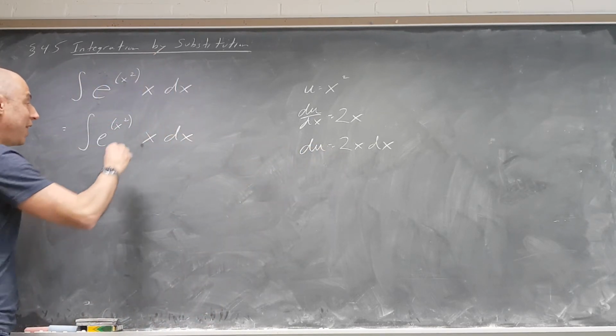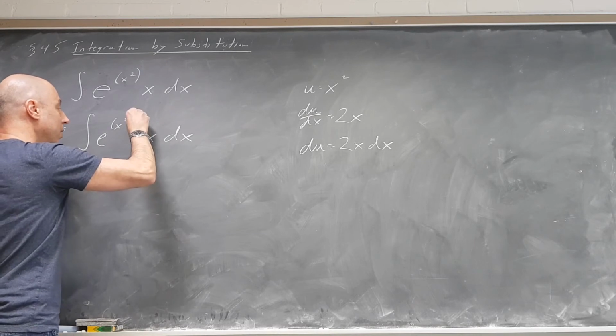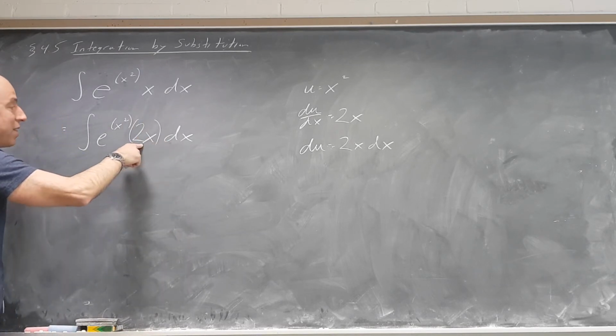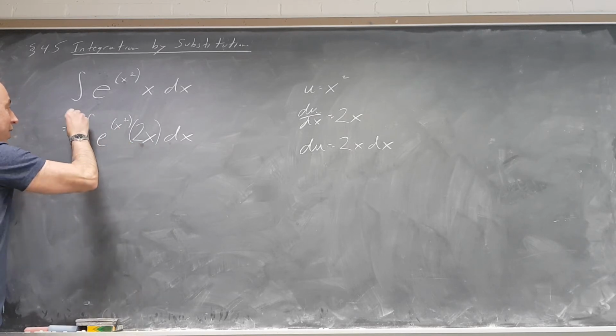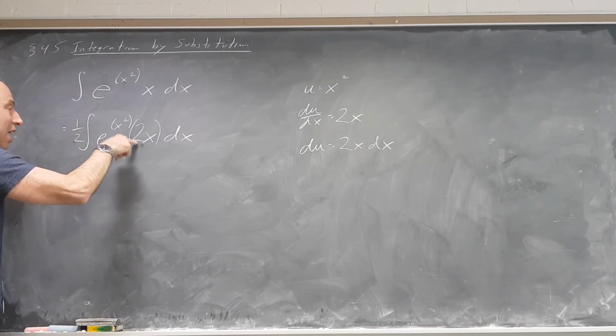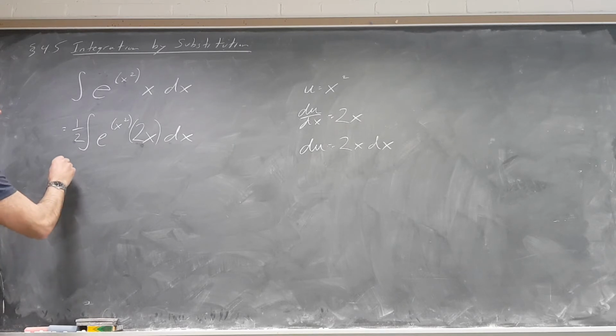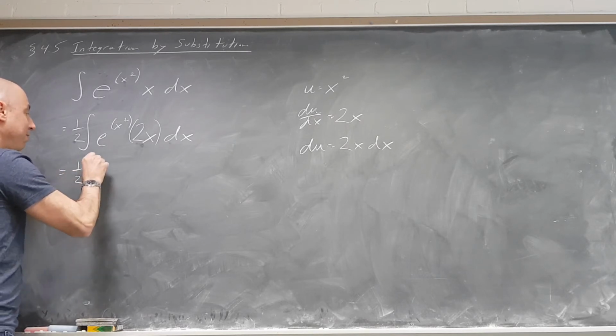I'm going to go ahead and put that 2 in. But since I can't go around willy-nilly multiplying things by 2, if I put a 1/2 in front, then that 1/2 and that 2 cancel out. If we multiply by a half and multiply by 2, you get back where you start.